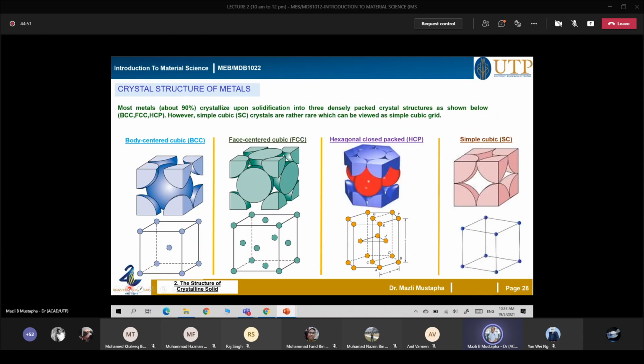This is the most important part that you need to know. This is the crystal structure of metals.